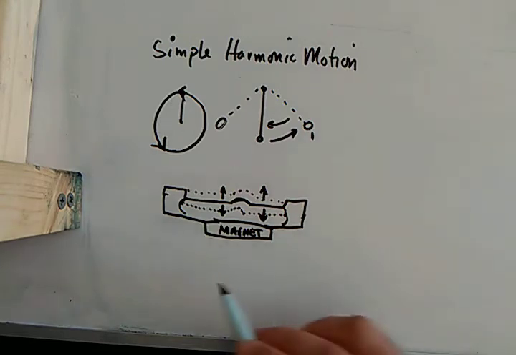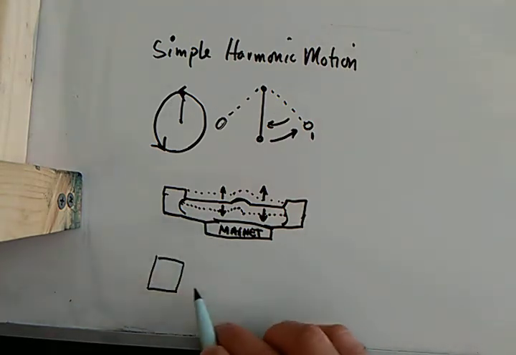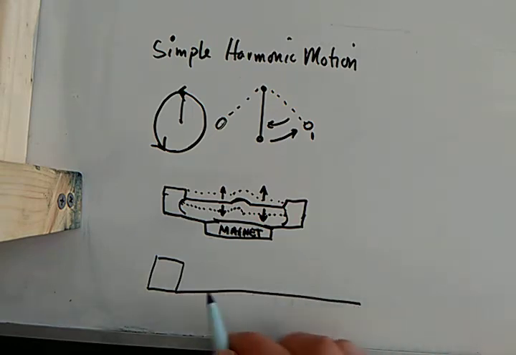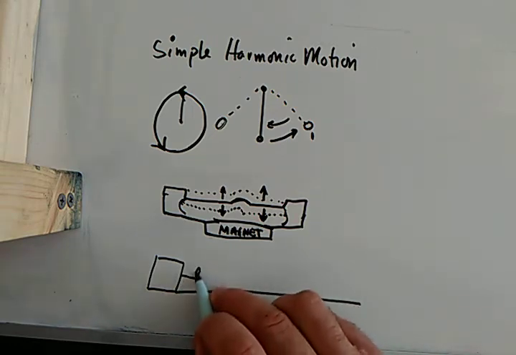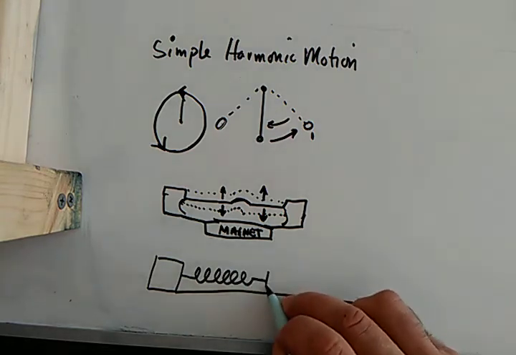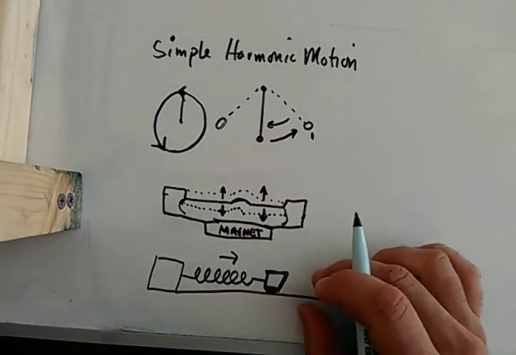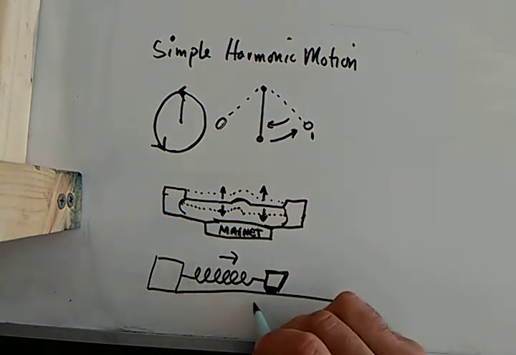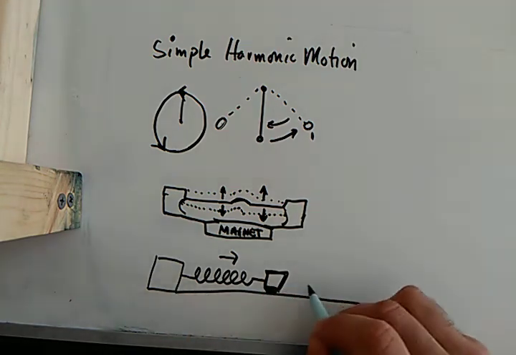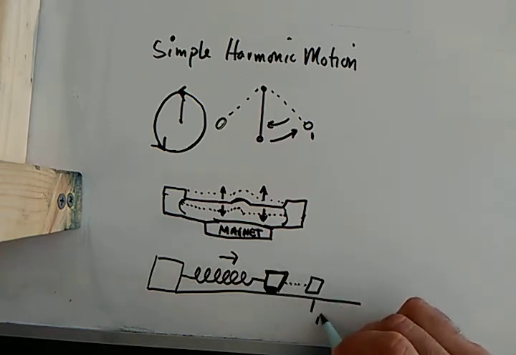One more example would be if I had, let's say, a frictionless surface here, and I've got a spring attached to a mass that's on the ground here, and I pull this thing back and I let it go. It's going to stretch out maybe to here. That's the max point, and then it might shrink.